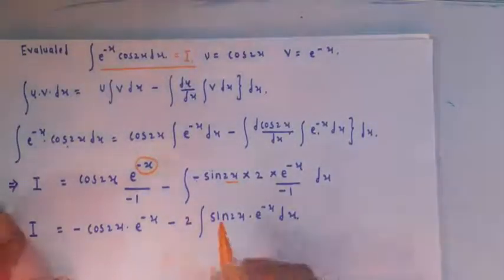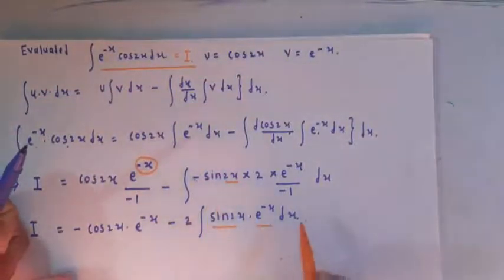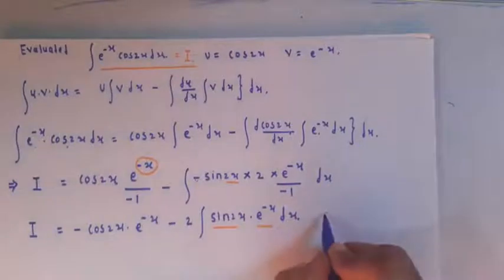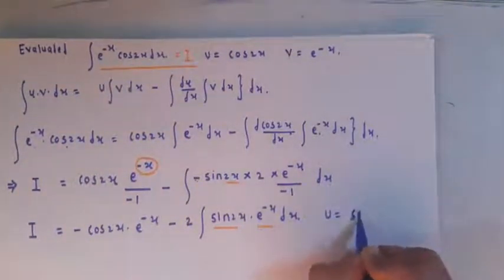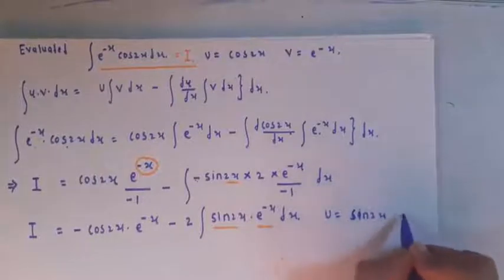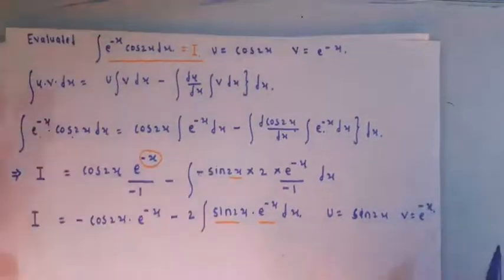Now students, again by using the u into v by parts theorem we have to solve the integration. Now here again u equals sine of 2x and v equals e raised to minus x.